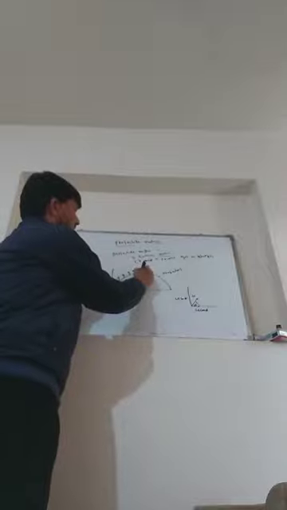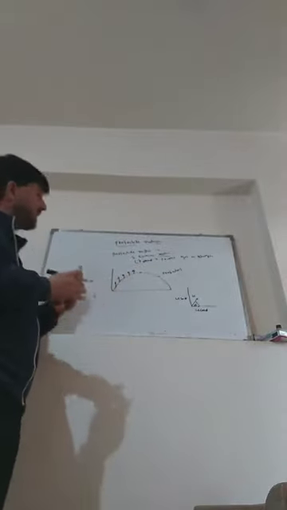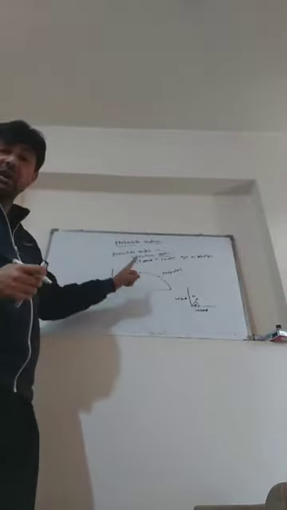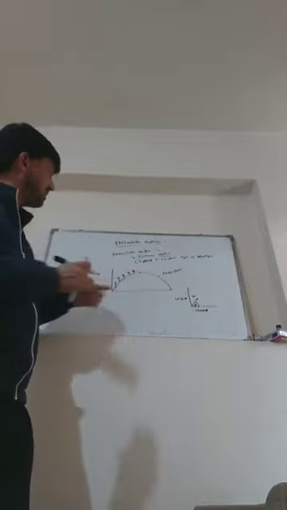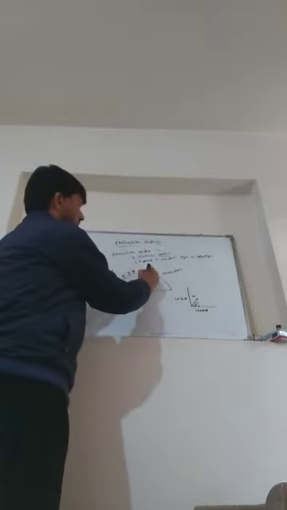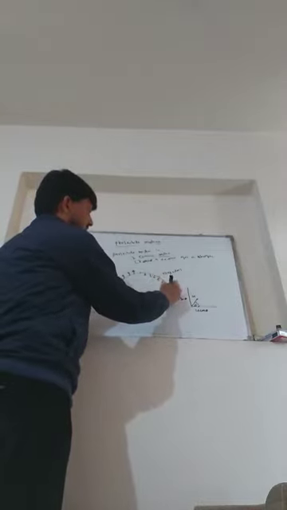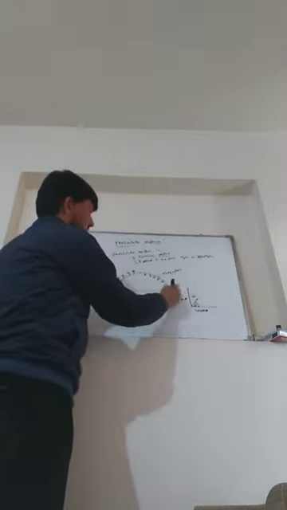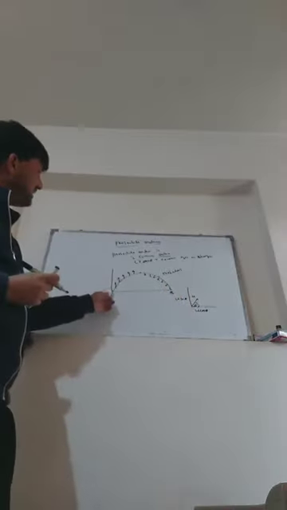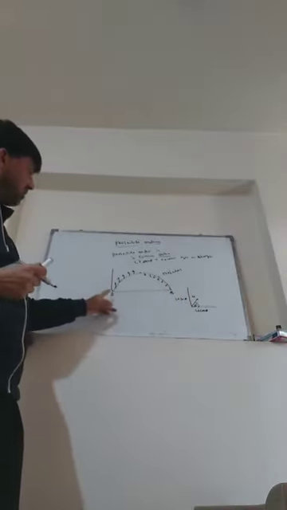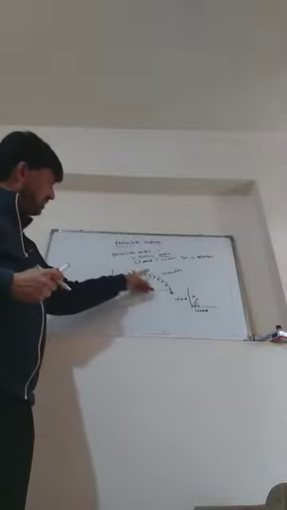At this point, the vertical component of the velocity becomes zero, and the body again starts falling and touches the ground. Suppose this is point A and it touches the ground at point B. The body has traveled from point A through this path to point B.